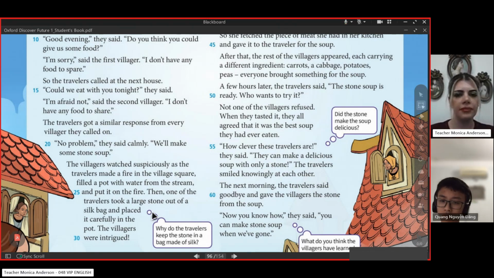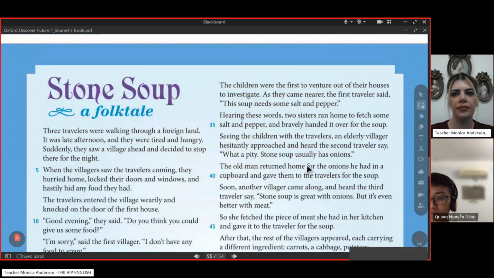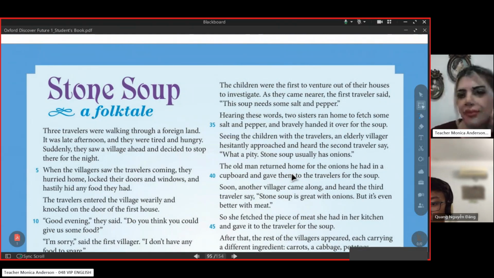The children were the first to venture out of their houses to investigate. As they came nearer, the first traveler said, "This soup needs some salt and pepper." Hearing these words, 2 sisters ran home to fetch some salt and pepper, and bravely handed it over for the soup.